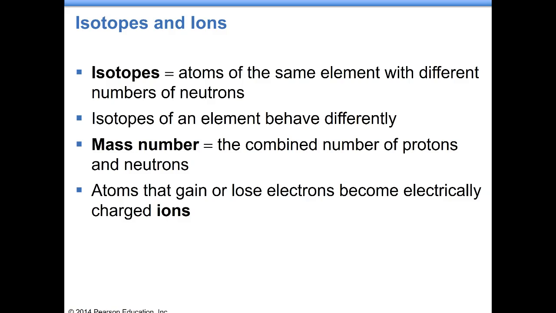So an isotope is going to react a little bit differently than a regular atom or element would, because it's going to give off that energy, usually radiation. So we talked about the mass number being the combined number of protons and neutrons, and when we think about bonding, we know that there are different kinds of bonding.